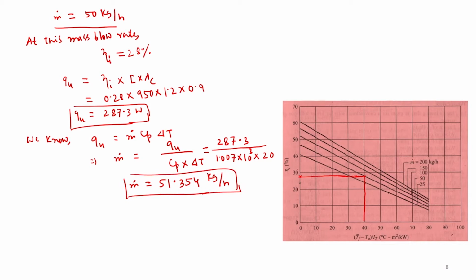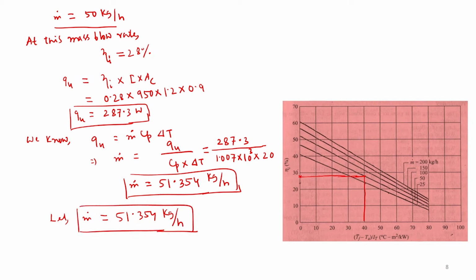Since the value of m dot calculated from the useful heat gain rate does not match, let us now assume a value, say m dot is equal to 51.354 kg per hour.